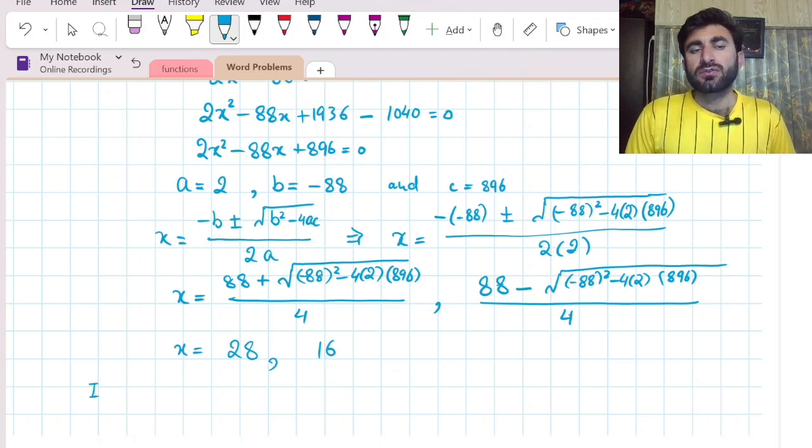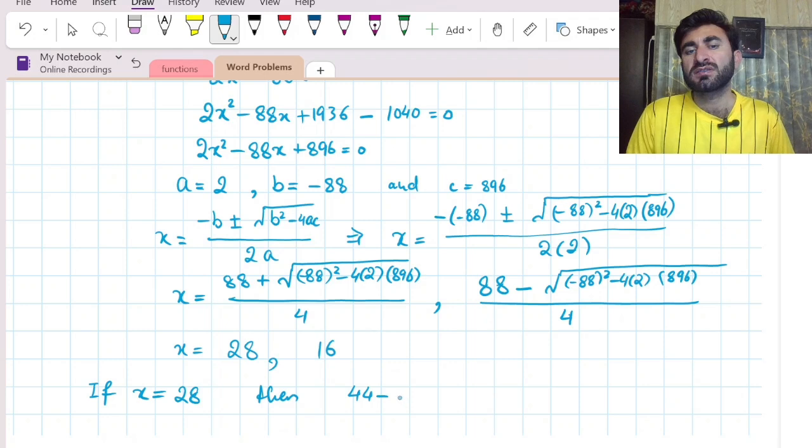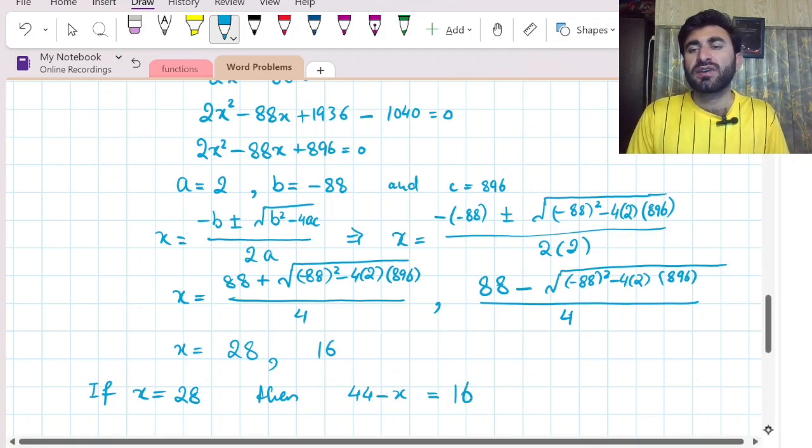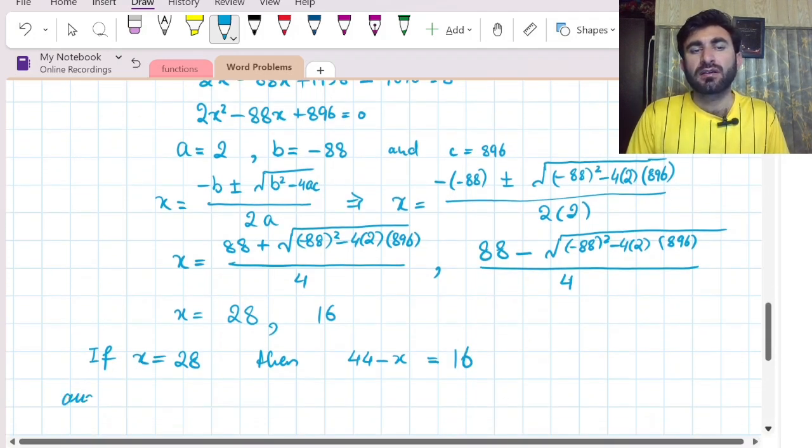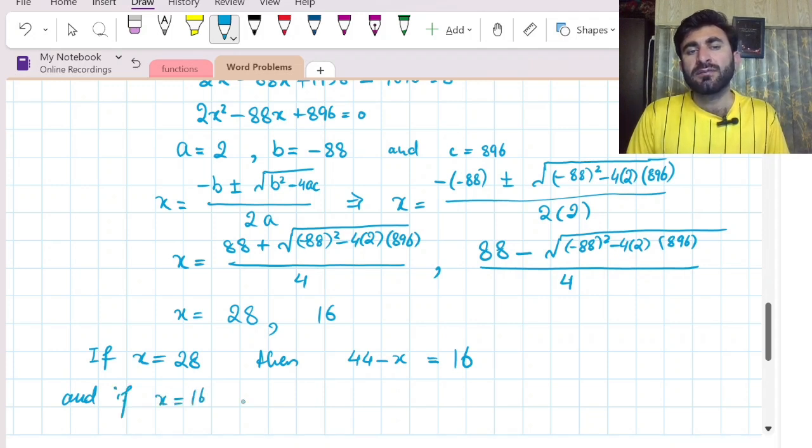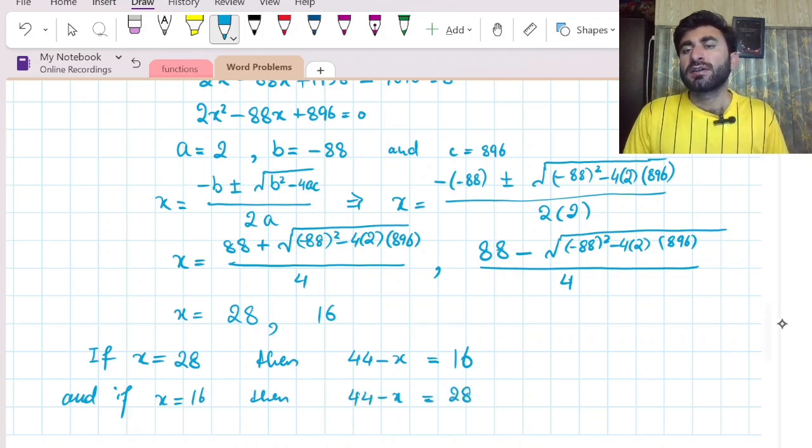If x equals 28, then what will be the value of 44 minus x, because that was the perimeter of the second square. It will be 44 minus 28, which is 16. And similarly, if we take x equals 16, then definitely 44 minus x equals 28.